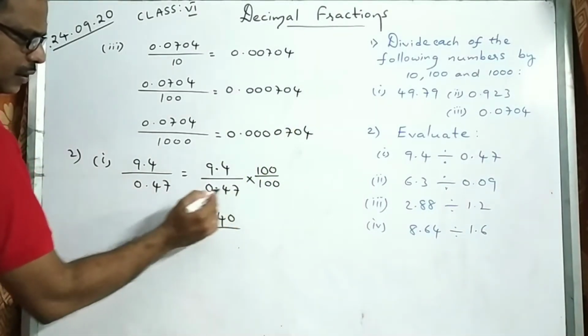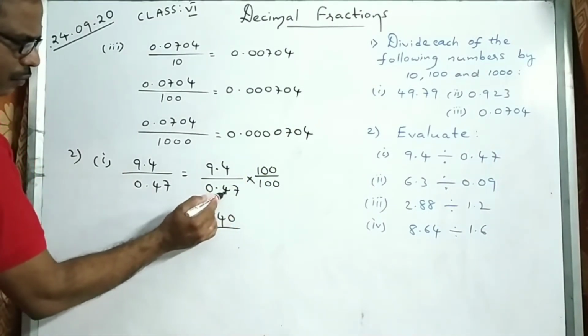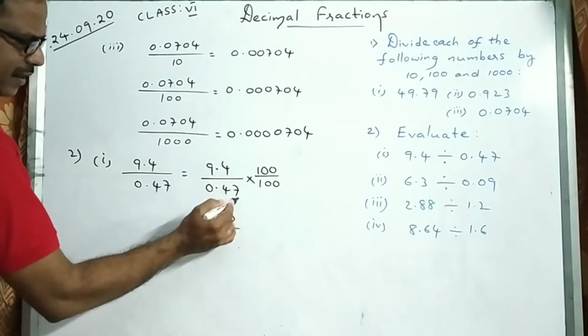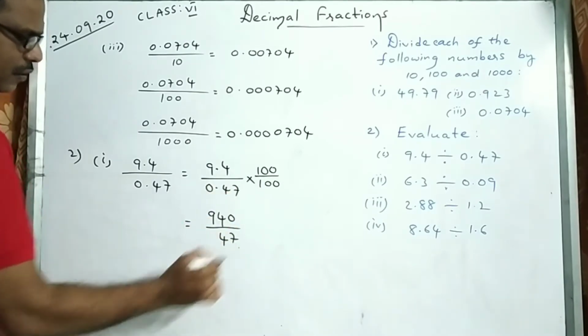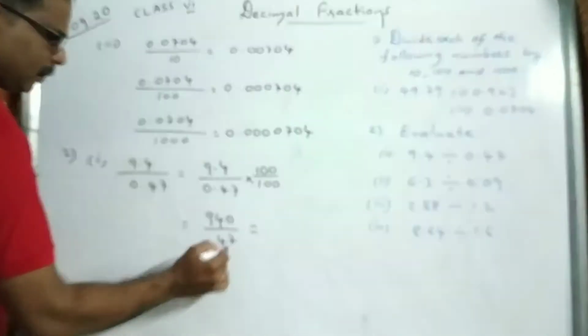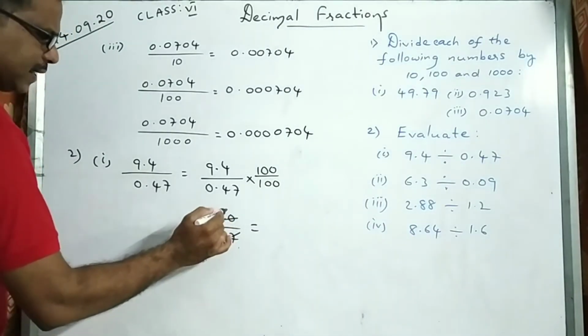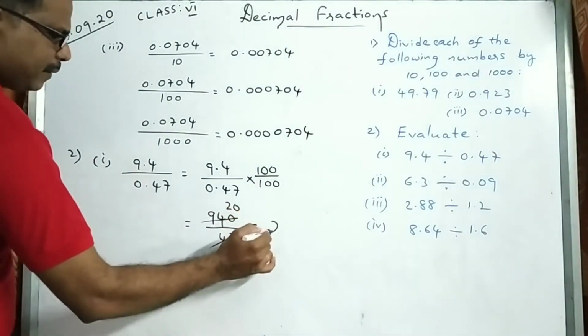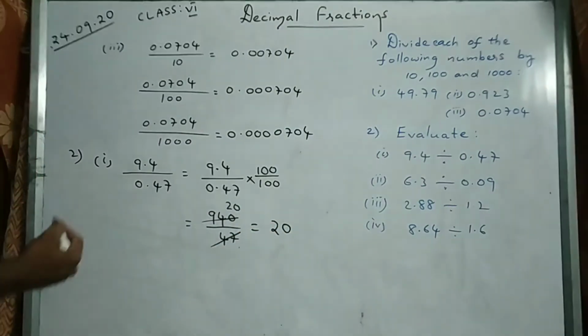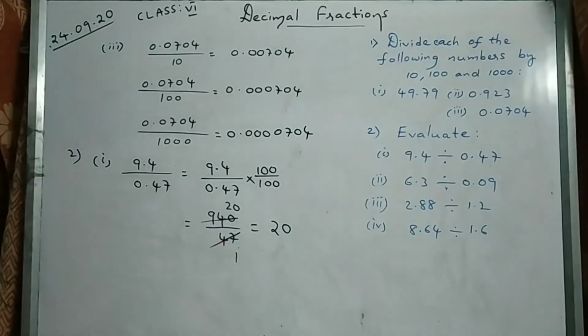Here the decimal will be moving 1, 2, after 47 it will come. That means 47. 47 2s are 94, that means answer is 20. We can cut: 47 1s are 47, 47 20s are 940. Okay? That way we can cut.